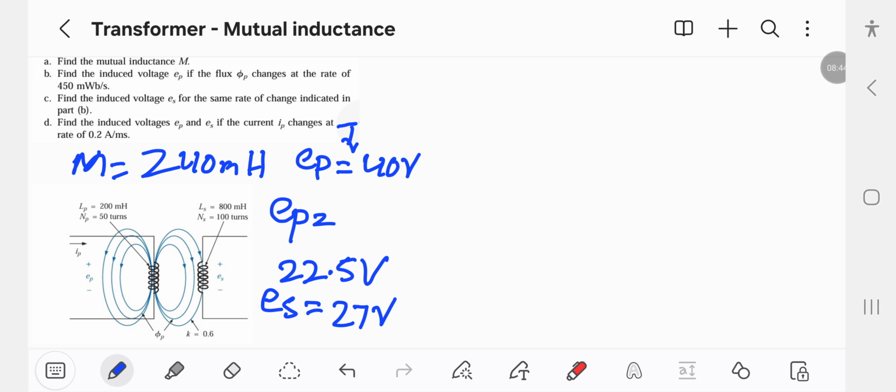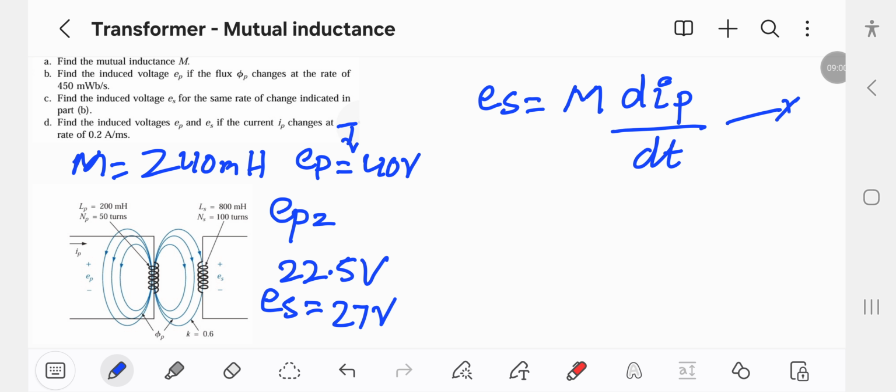Now the induced voltage inside this secondary coil, so we got a formula. Now we can say from where we got this formula.